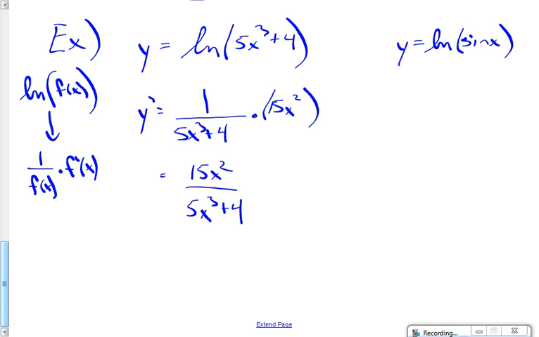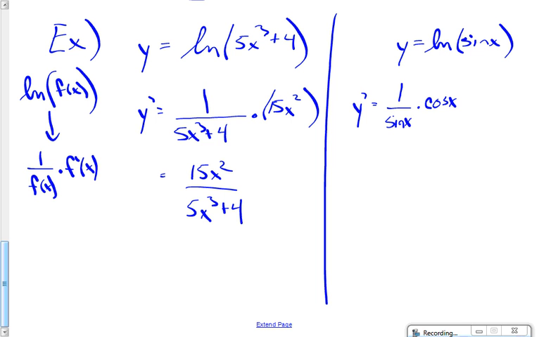This one's cool. Did you do this one already? Isn't that cool? y prime is 1 over sine, right? Times the derivative of sine. What's the derivative of sine?